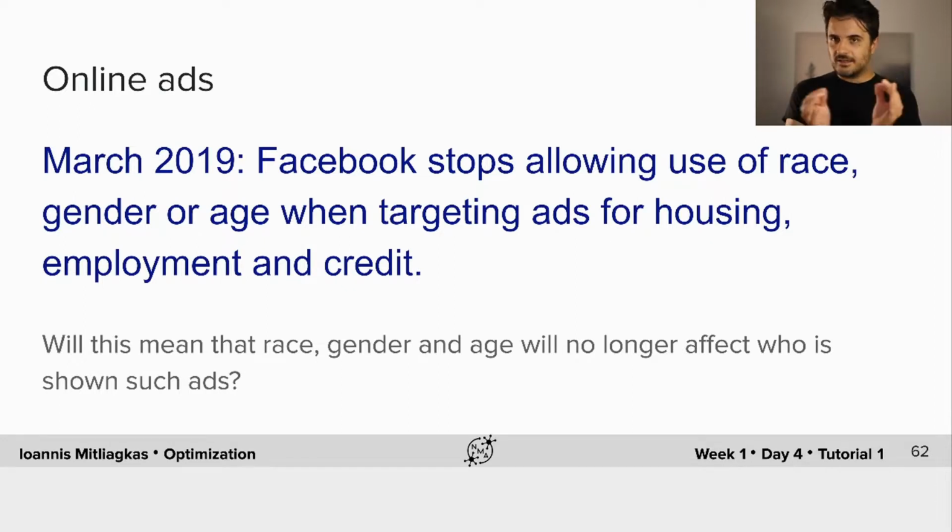But even if you don't do it overtly, it's still possible to infer some of those attributes of a person by their browsing history, by their likes, their dislikes, their comments, etc. It's still possible to very accurately predict their gender, right? Or predict their age. Still, it is illegal to use it to target them with ads.